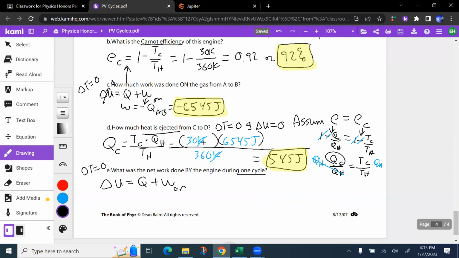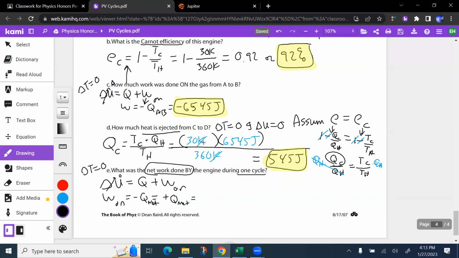So there's no change in internal energy, which means the work done on the engine for the whole cycle is equal to the negative of the heat. But we're talking about the net work done by the engine, which is equal to the positive net heat.